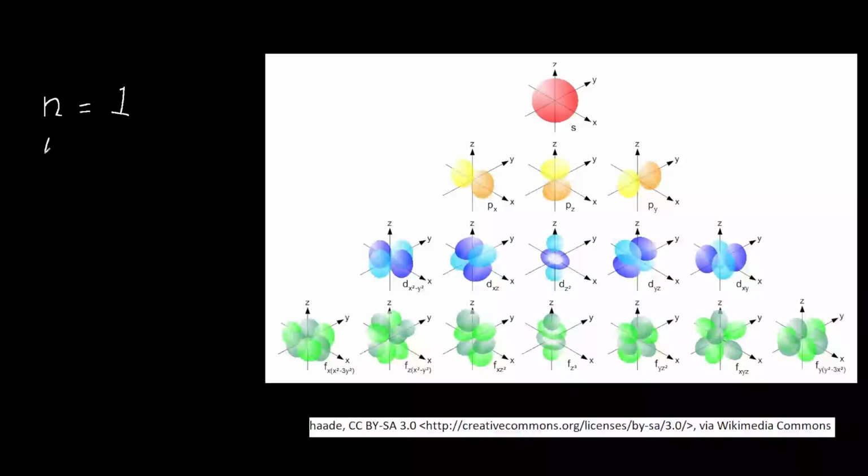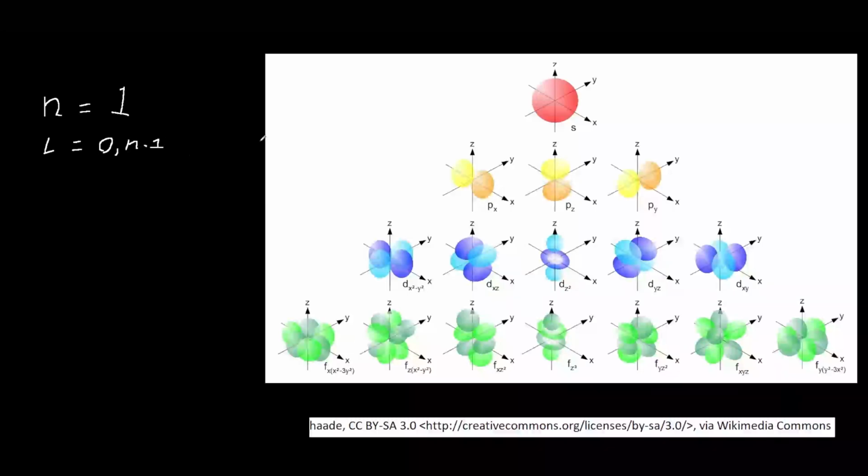And then we also have our l, which is the angular quantum number, the angular momentum quantum number. There are a couple different values this can take on, and we can notice a pattern. So l has values that range from 0 to n-1.